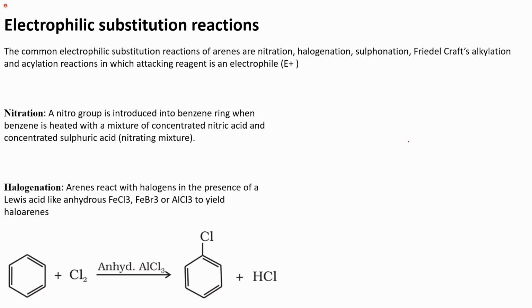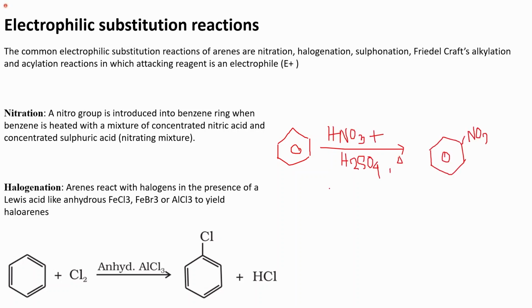Nitration means if you start from the simple benzene ring, you end up getting nitrobenzene when you add HNO3 and H2SO4. We will not discuss the mechanism here because it is very difficult to understand at this stage.